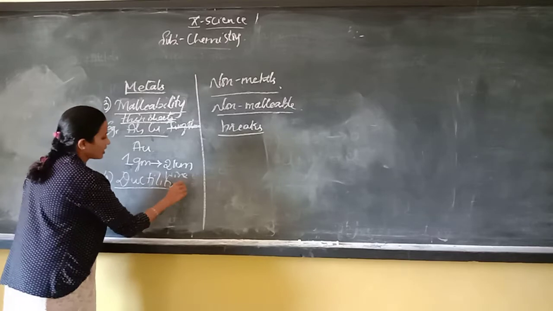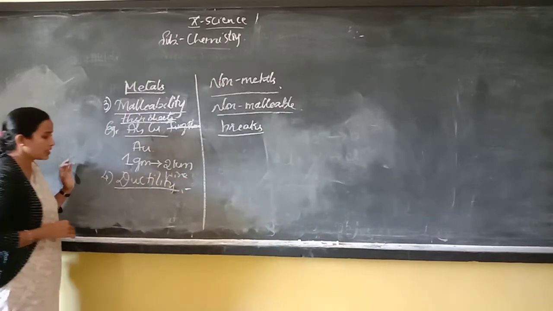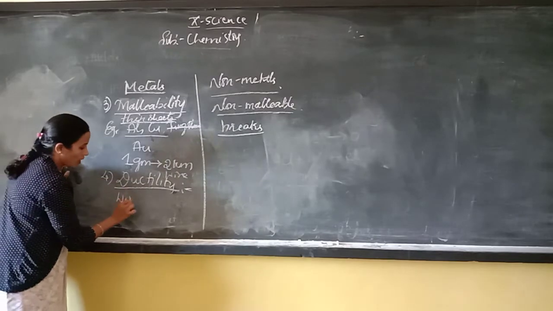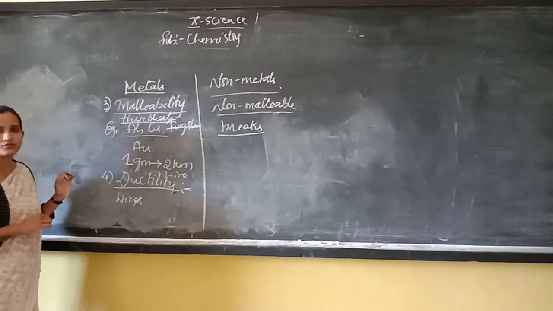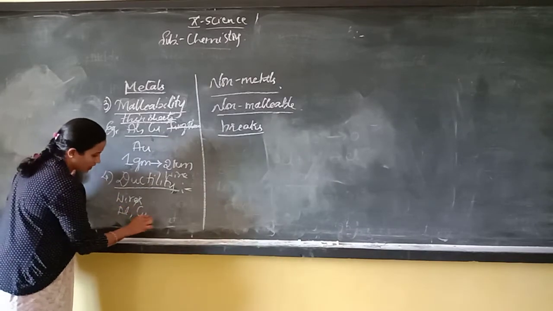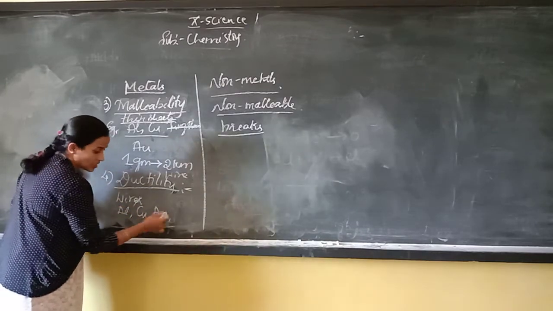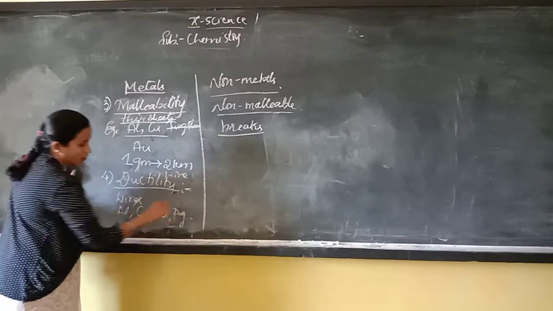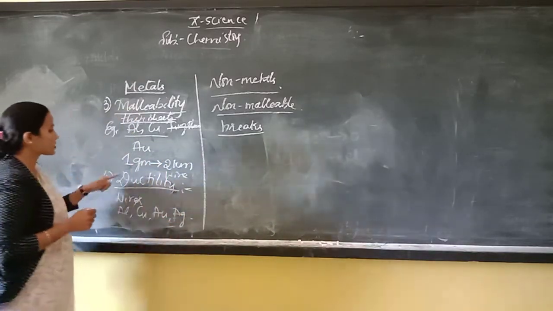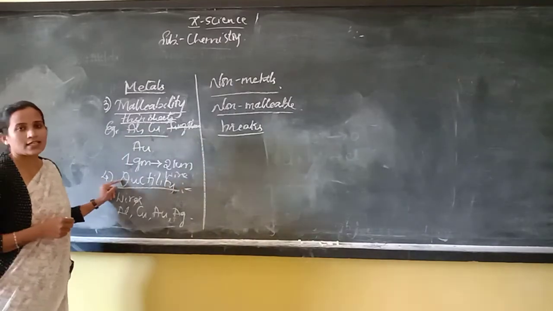The next important property is ductility. What do you mean by ductility? Ductility means we can make metals into thin wires. For example, aluminium wire, copper wire, gold wire, silver wire. If we make them into thin wires, that process we call ductility.